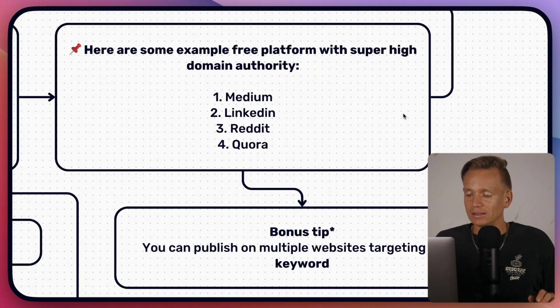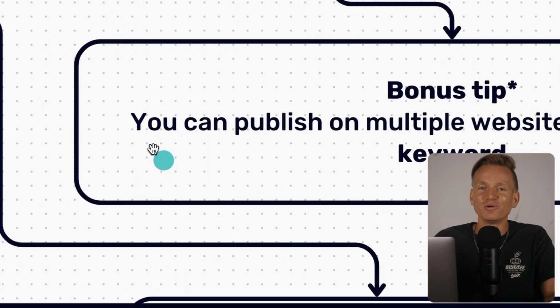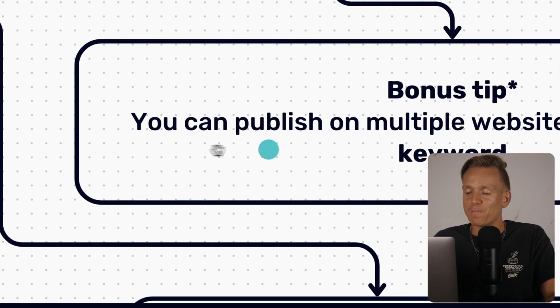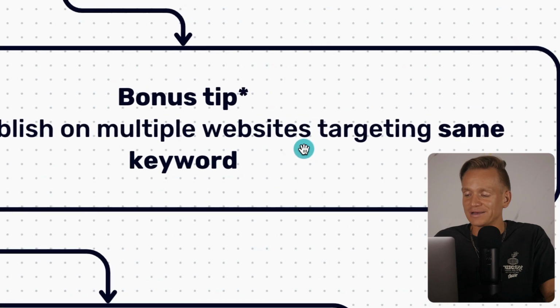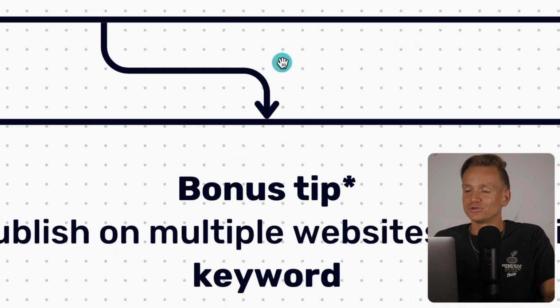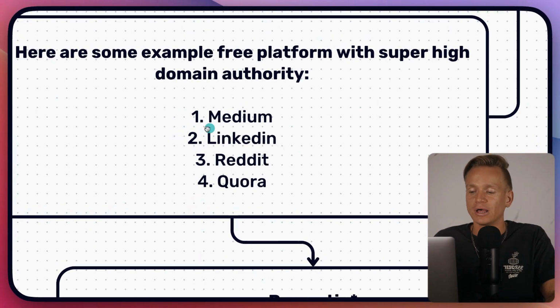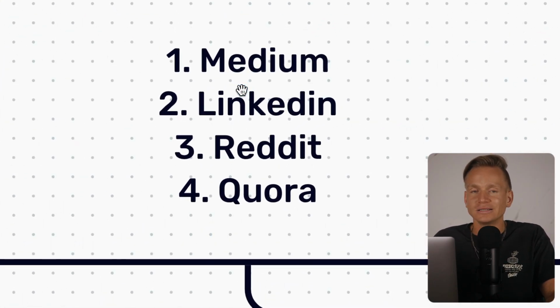Now, a little bonus tip: what people don't realize is that you can publish on multiple websites targeting the same keyword. It's not like you need to choose, okay, I am going to do CBD gummies on Medium, and that is it.